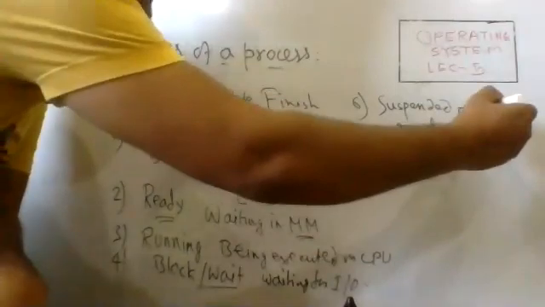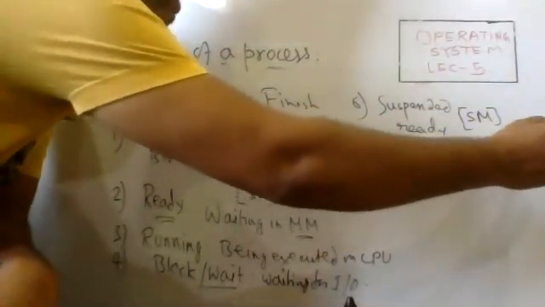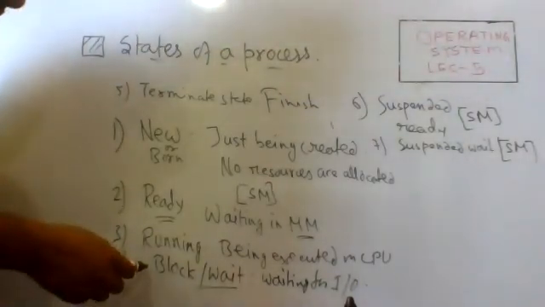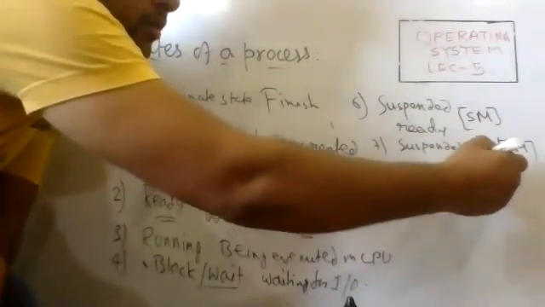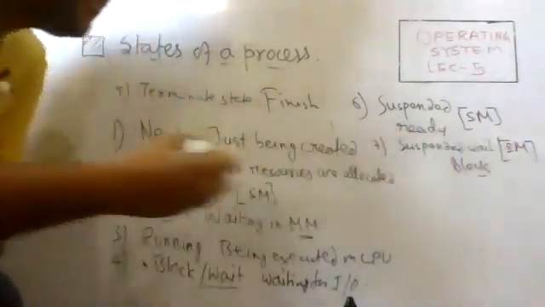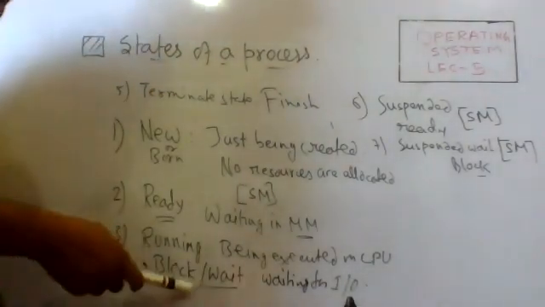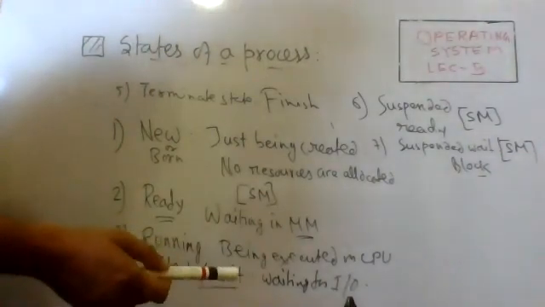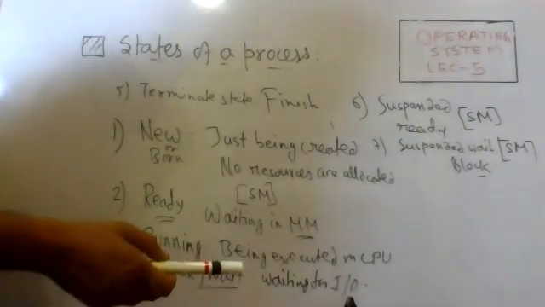This is a secondary memory concept. Similarly, when a process moves from the wait or block state to a backing store or secondary memory, then it is called suspended wait or suspended block.